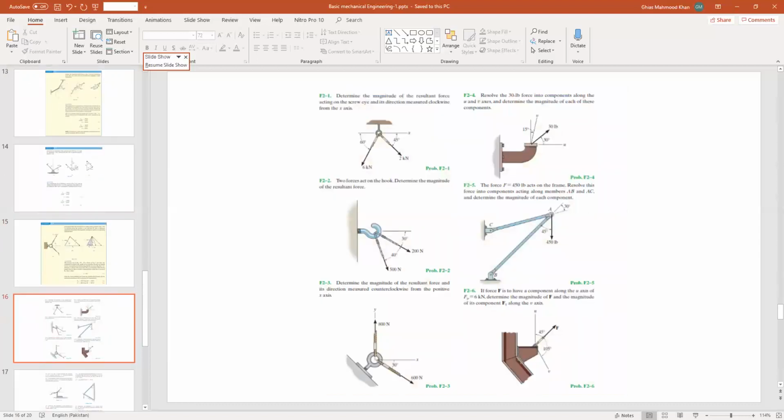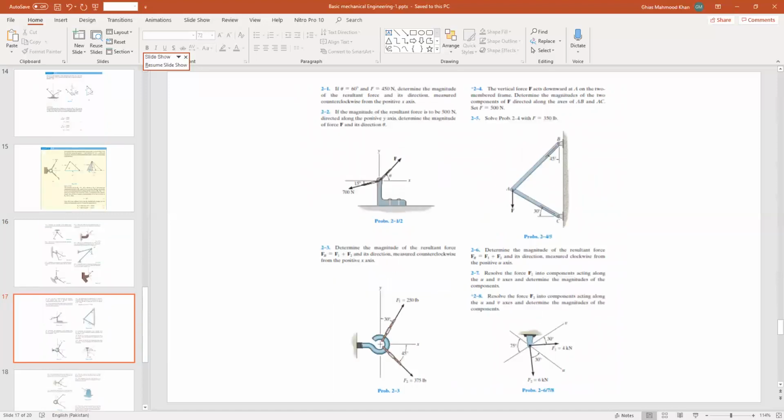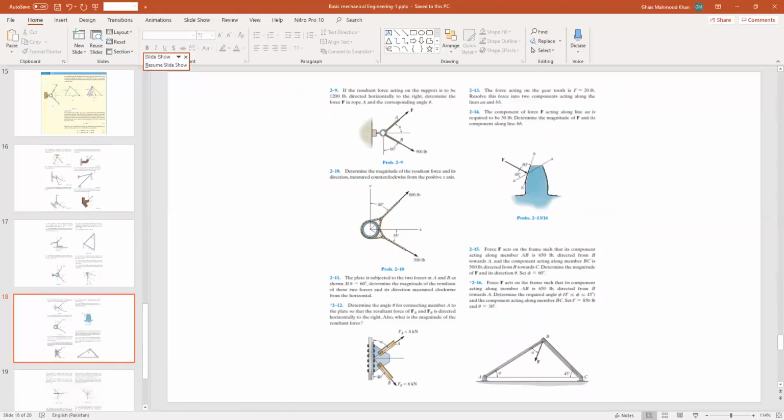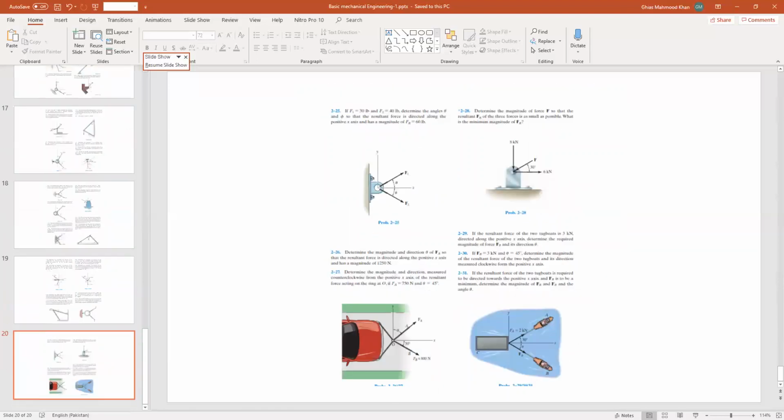In the end, there are a couple of different questions of the chapter. Try to solve them by yourself. Pick questions 1 to 6, which are very basic. Then there are some more tricky questions, from 2.1 up to 2.30.